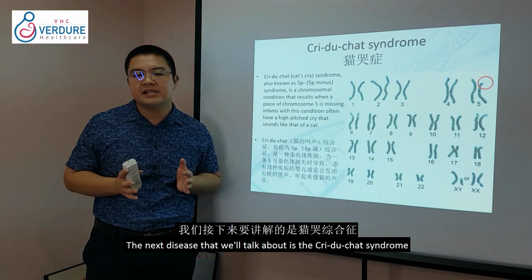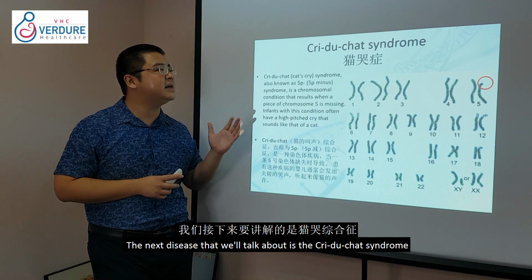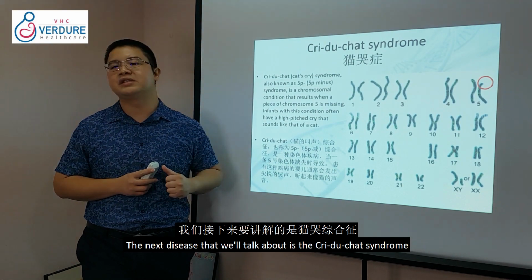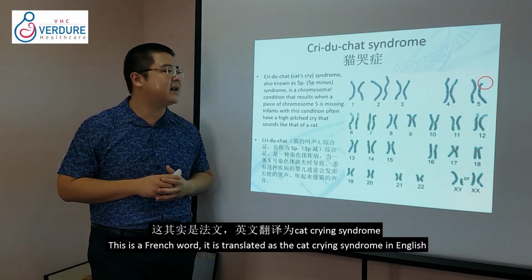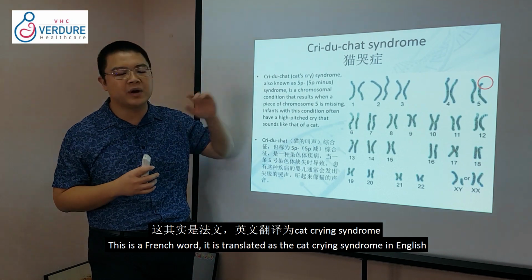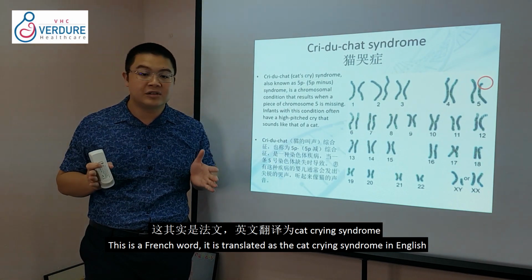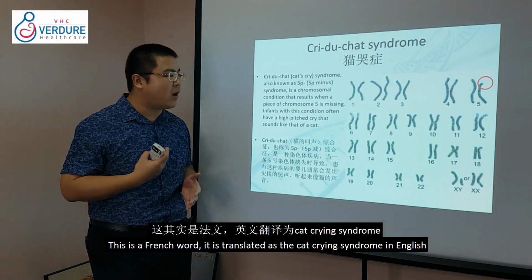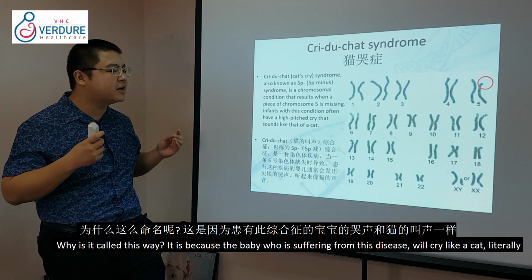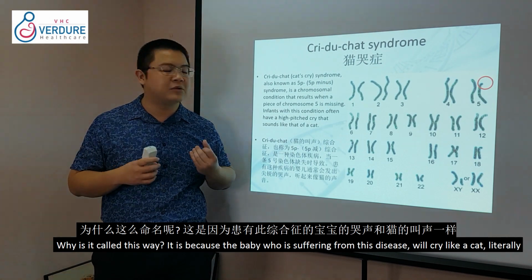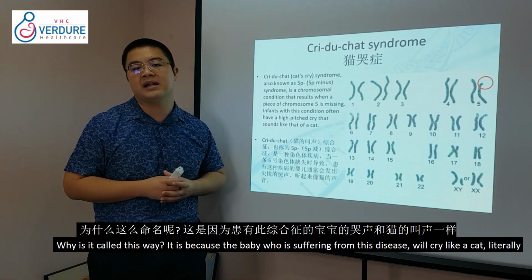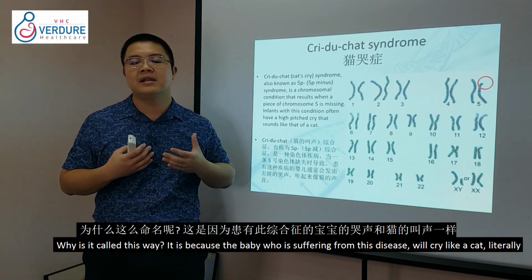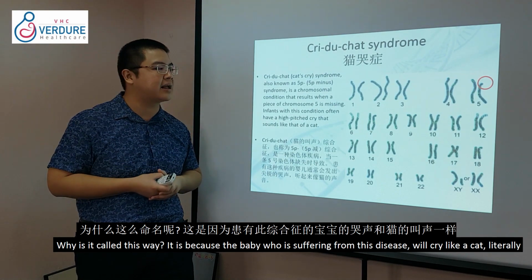Anyway, the next disease we can talk about is Cri du chat syndrome. Cri du chat, this is a French phrase. If we translate that into English, it's called the cat crying syndrome. Why is it called this way? It is because the baby that is being affected by this disease will cry like a cat, literally like a cat.